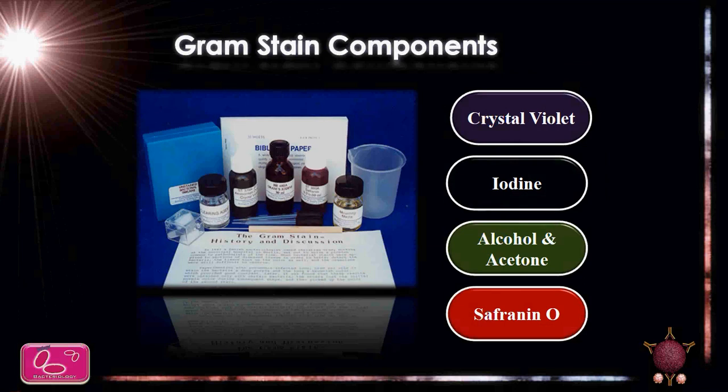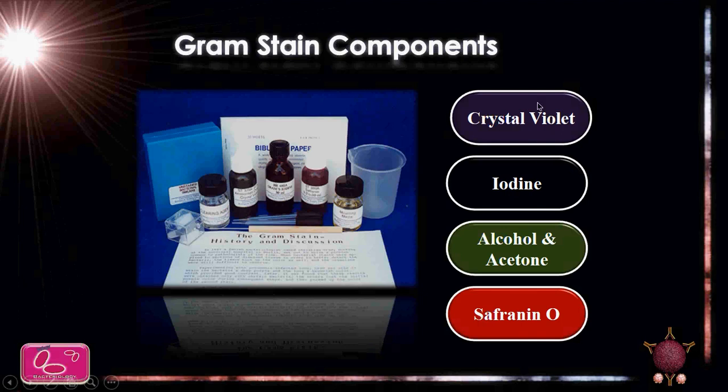As I described, it is a differential type of staining method composed of multiple steps, and more than one dye is used. So this is the order of all the steps and the types of stains and chemicals used in the Gram staining method.